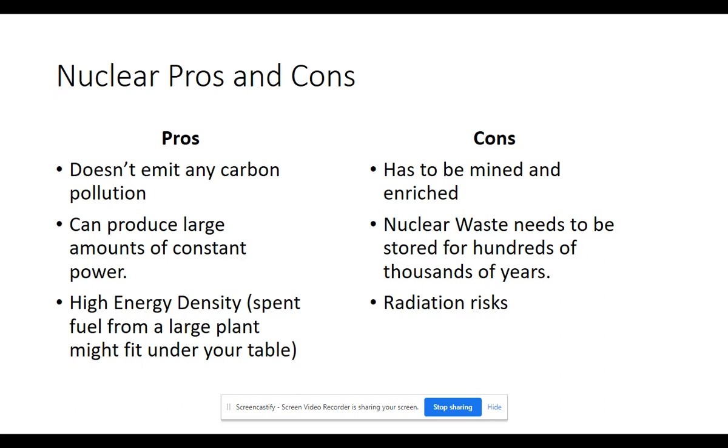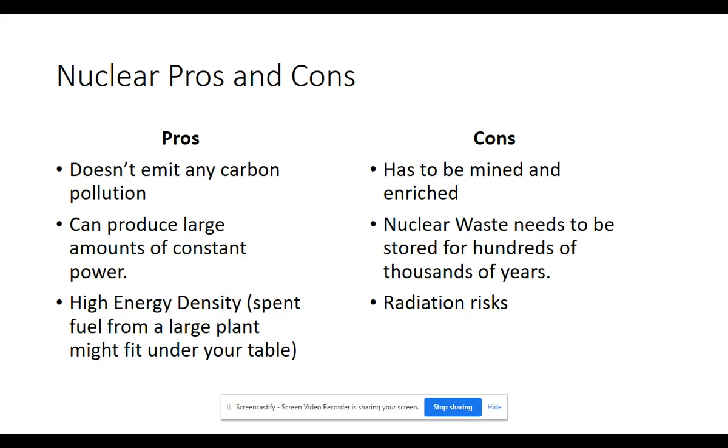And of course, it has some big cons. We haven't really built that many new nuclear reactors for a really long time. Some downsides: it needs to be mined and needs to be enriched. When we mine uranium, generally we're not able to find that much uranium 235. We find a lot of uranium 238, and so we have to enrich it to 235, and that takes energy and a lot of mining.